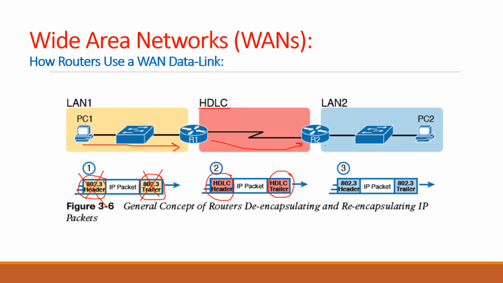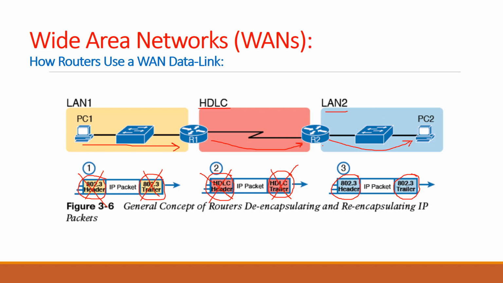Then R2 decides that the destination is on LAN 2, which is an Ethernet network. So it de-encapsulates the HDLC header and trailer, re-encapsulates a new Ethernet header and trailer, and sends the frame to PC2.